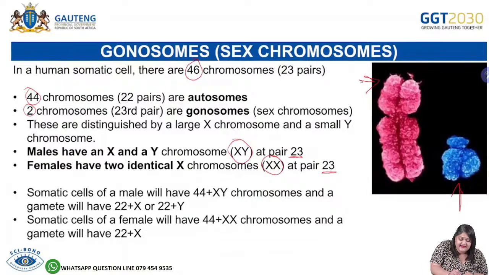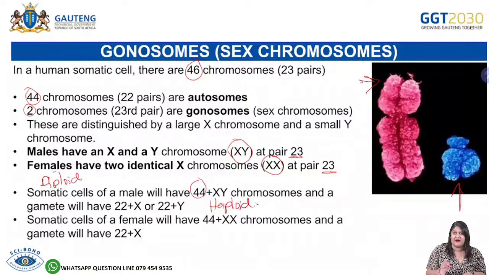Our somatic cells are diploid and our gametes are haploid. So essentially we need to halve the autosome number, from 44 to 22.